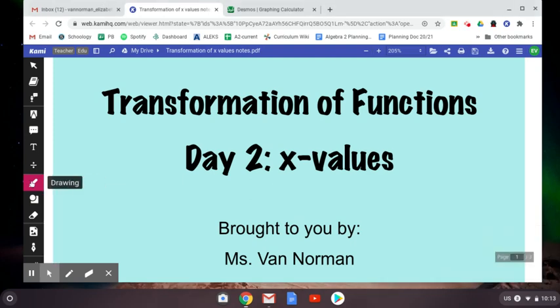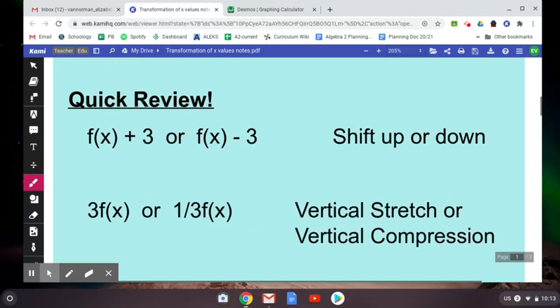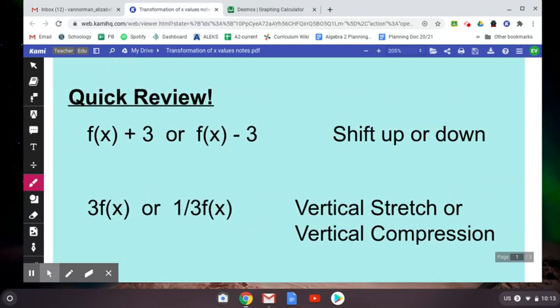Today we're going to be talking about transformations of functions, but we'll be focusing on the x values. Just as a quick reminder, yesterday we looked at functions where we did things on the outside of the function. When I add or subtract something on the outside of my function, it is a shift up or a shift down.